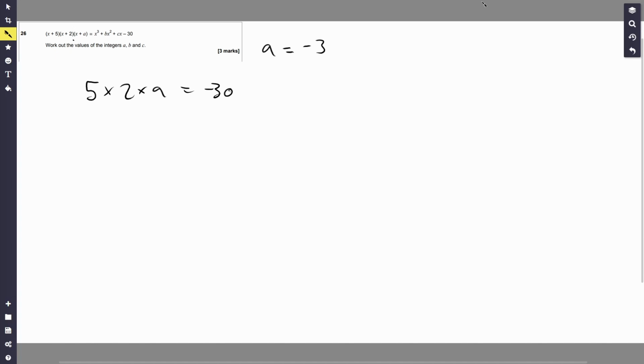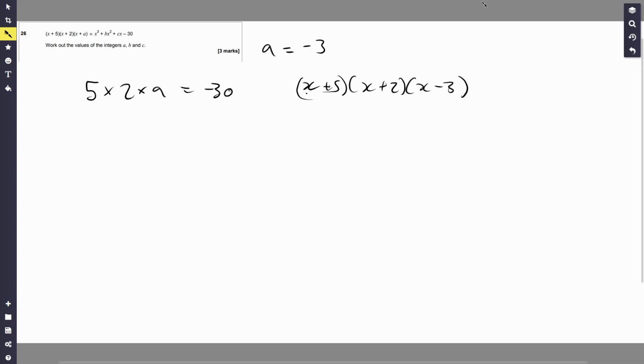And now we can rewrite this as x plus 5, x plus 2, and then x minus 3. And we can expand this now, and that'll give us exactly what this is. Okay, so let's do that. So the way I like to expand is I'm going to do 2 brackets first and then do this last one.